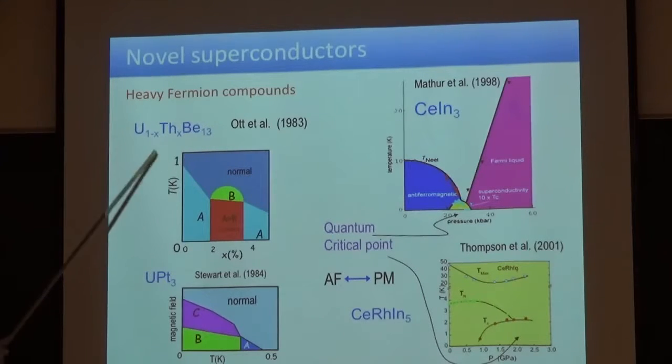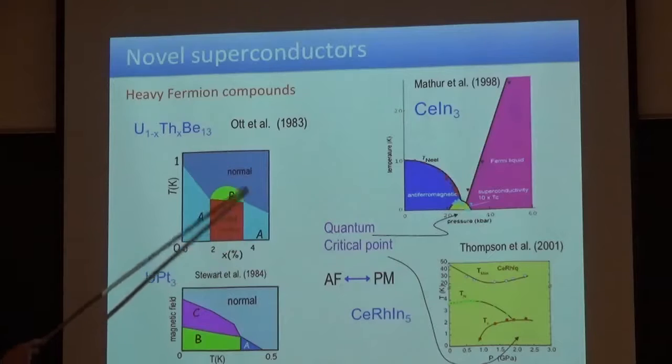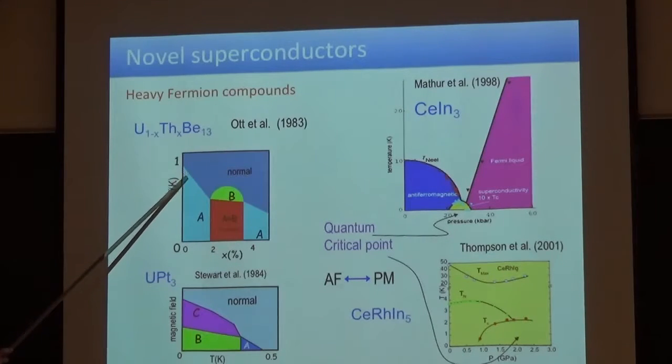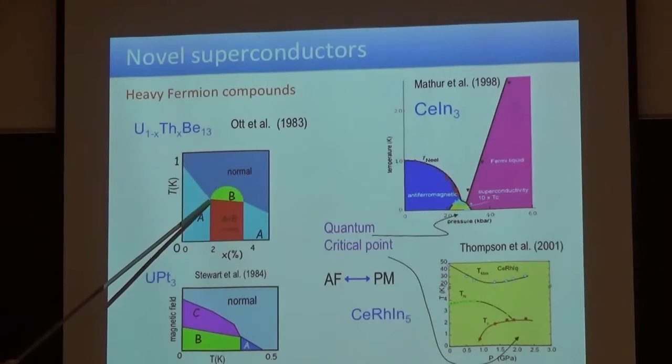And people found that as you dope this material with thorium, you can actually get a funny phase diagram of superconductivity. So here is the normal state. You have around 1 Kelvin as superconducting transition if there is no thorium in. Then you suppress superconductivity.